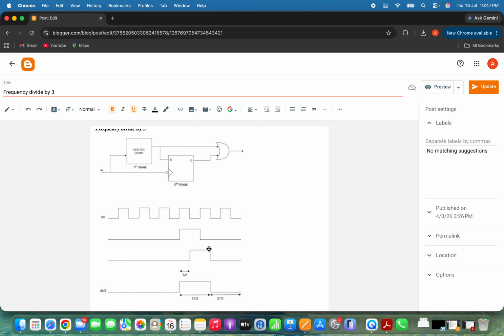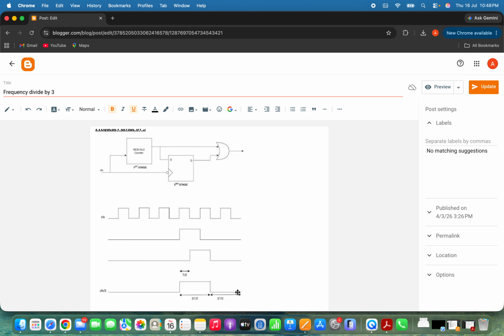It is simply the mod 3 counter output delayed by half a clock period. Finally, the OR gate combines these two signals. The resulting waveform stays high for 3T/2 and low for 3T/2. The complete period is 3T, confirming that the output frequency is exactly 1/3 of the input frequency while maintaining a 50% duty cycle.